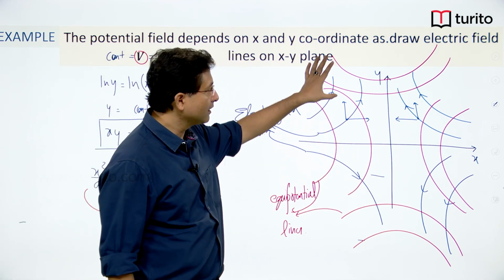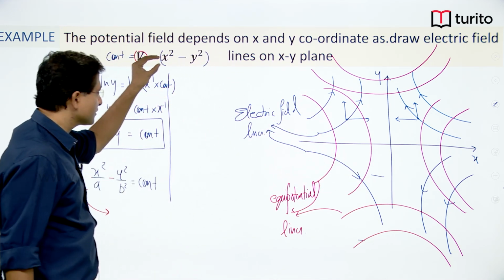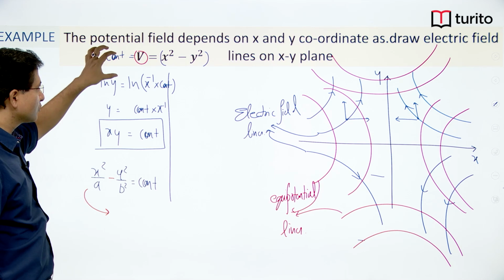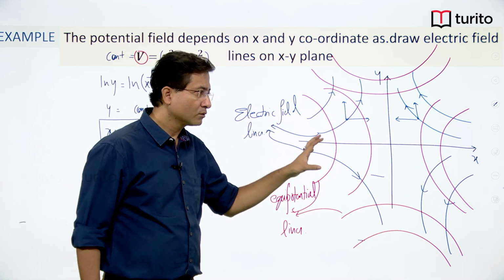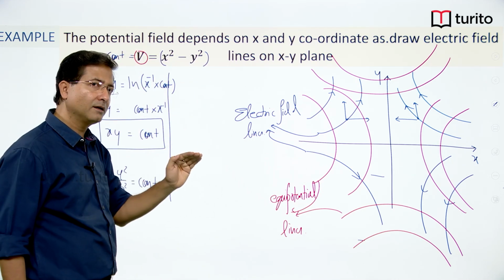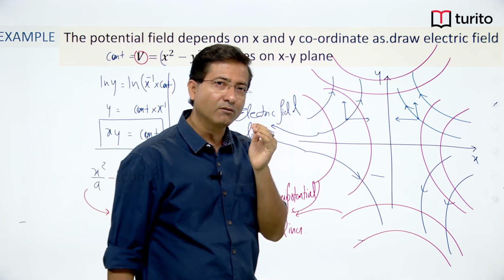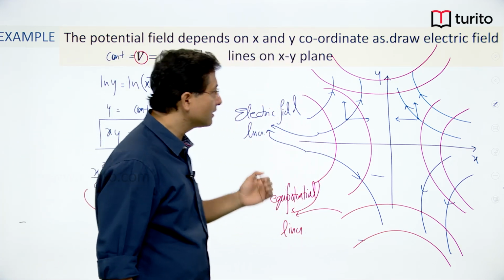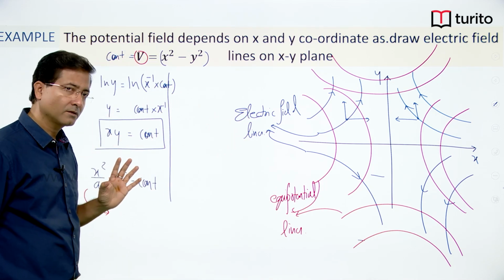So the procedure of drawing equipotential lines: whatever be the expression given for potential, put it equal to a constant, right, and draw those lines. To draw field lines, first get the expression in terms of field, and then using the concept dy by dx is equal to Ey by Ex, integrating that you will get the expression for field lines, right.